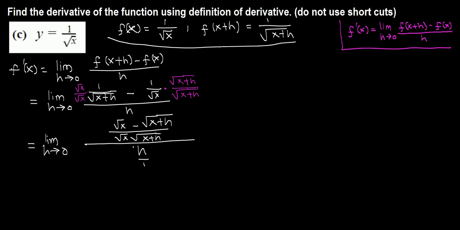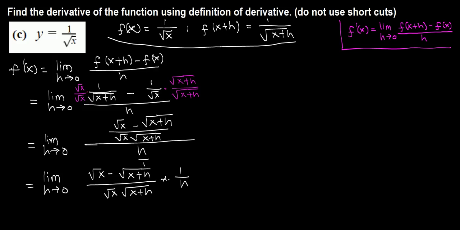Then change this division into multiplication, and h over 1 flips to 1 over h. So let me write that here: the limit as h goes to 0 of square root of x minus square root of x plus h, over square root of x times square root of x plus h. That's the fraction on the top. Now we change this division into multiplication, and h over 1 becomes 1 over h.